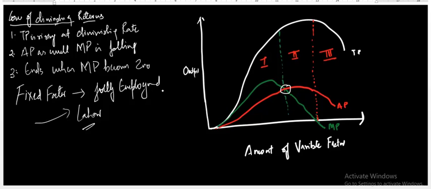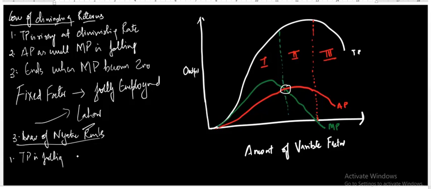Now we move on to the third stage, that is the law of negative returns. In this case the total product is falling. Both average product as well as marginal product are falling, and also marginal product becomes negative.